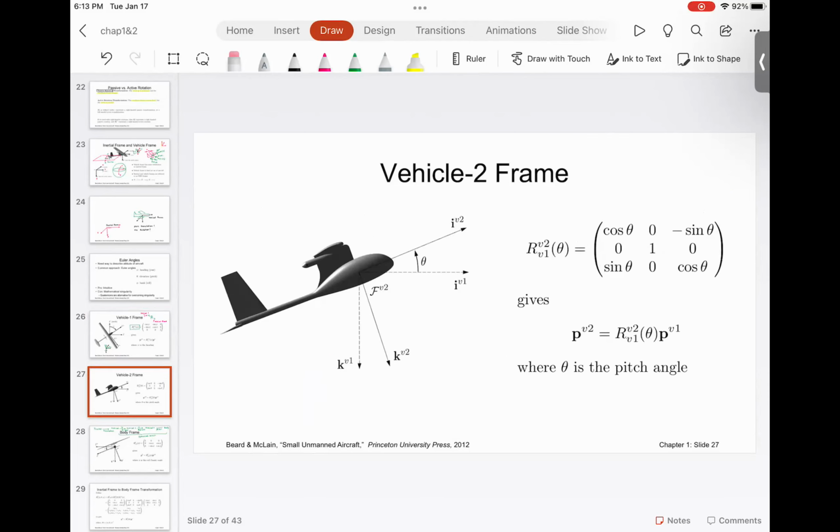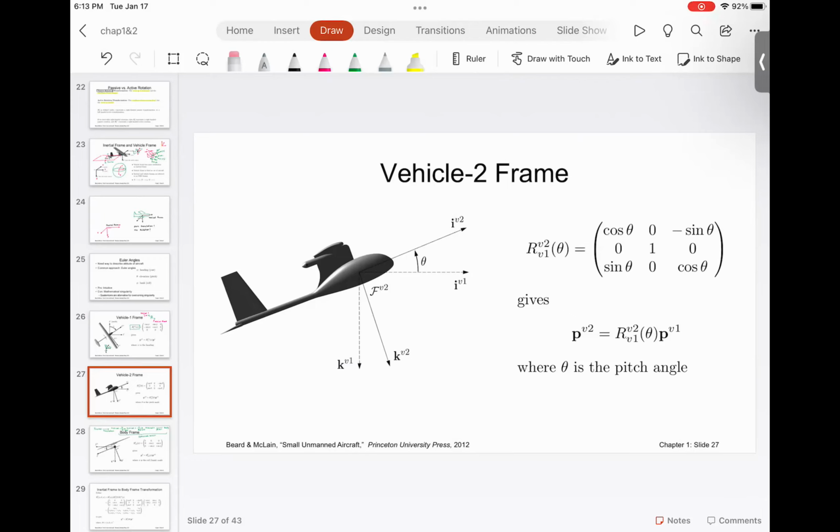Then we have the vehicle 2 frame, which is the pitch orientation of the aircraft. Again, if you remember robotics 1, this is the rotation transformation about the y axis. The axes are x, y, and z.